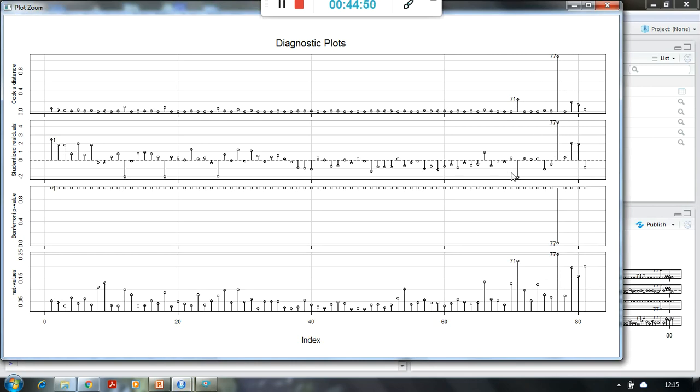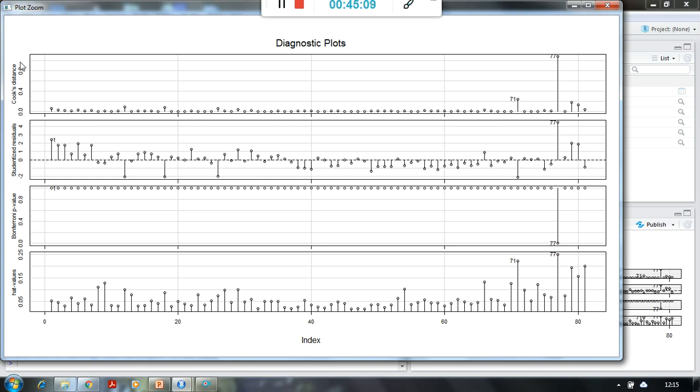Here again 77, right? Then here 77, here 71 and 77. You can see these four plots are plotted on the basis of statistical calculations by four different statisticians or scientists.